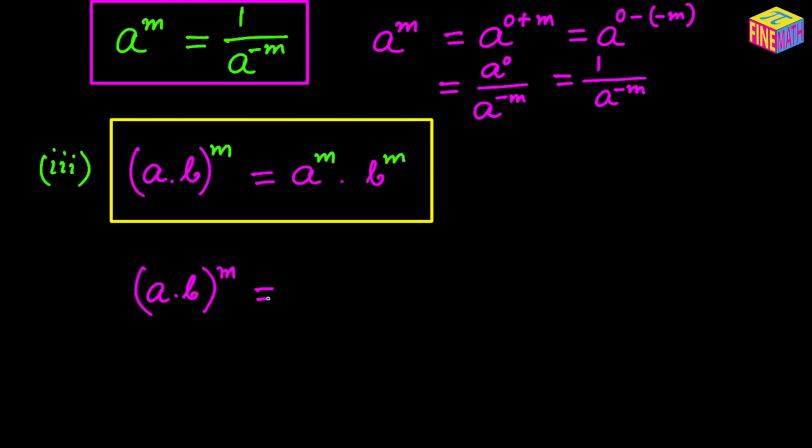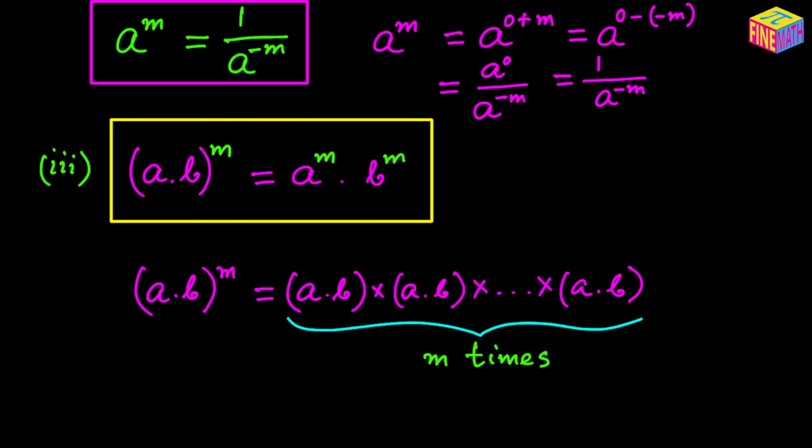So that means we have a times b multiplied by again a times b, and this multiplication goes on up to m times. So this a times b would be multiplied by itself m times. Now if you think about it, how many a's do we have? Well, we have 1, 2, 3, 4, etc. up to m times.